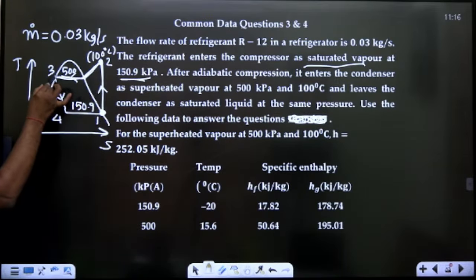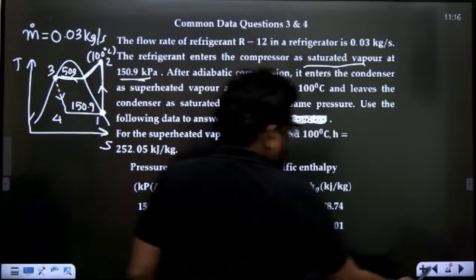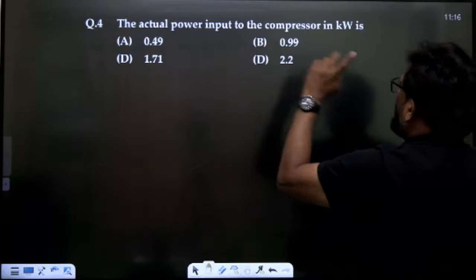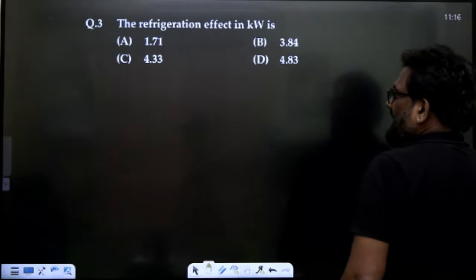Then use the following data. What is given, sir? Now look at what is asked: the refrigeration effect and the power input. There may be a small doubt.